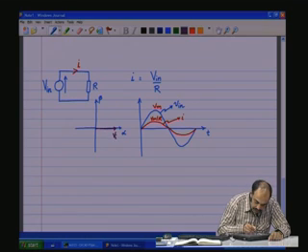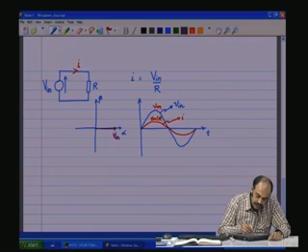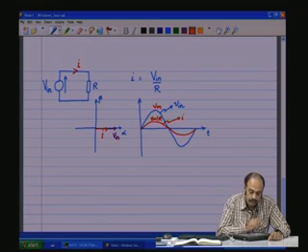So, if V in is a vector with an amplitude V m, then another vector, we will call that one as I vector, having an amplitude V m by R, is also in phase, because both are starting from 0, and that would be the I vector.